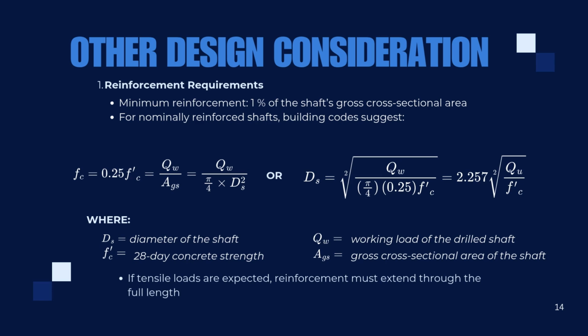A minimum steel ratio of 1% of the shaft's gross sectional area is recommended, particularly for normally reinforced shafts, in accordance with building codes.